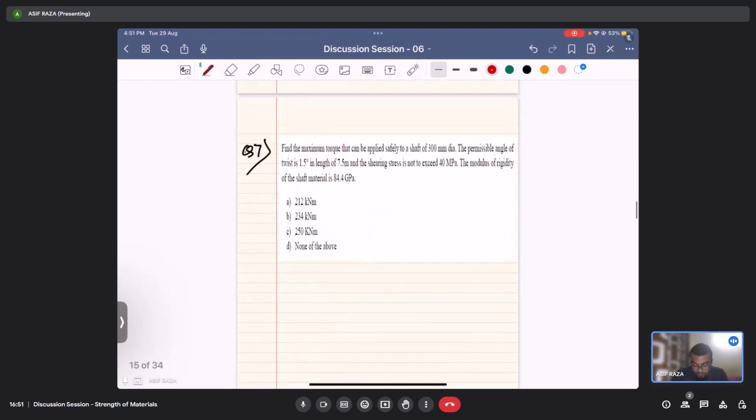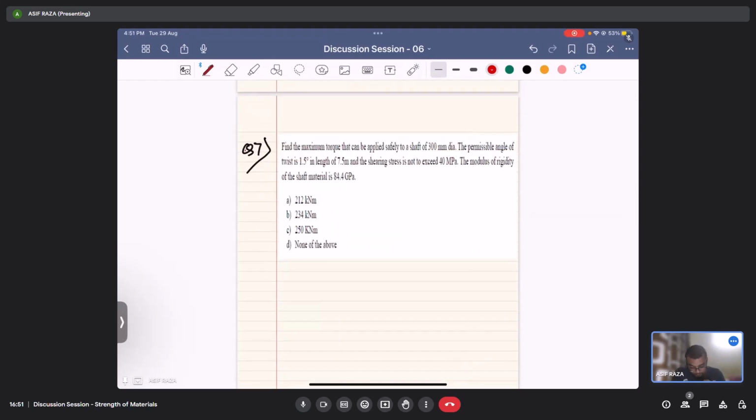Question number 7. As far as I know, this question was already asked in assignment 6, so we won't be exactly solving it, but I will give you a hint how to solve it. The question is: find the maximum torque that can be applied safely to a shaft of 300 mm dia.